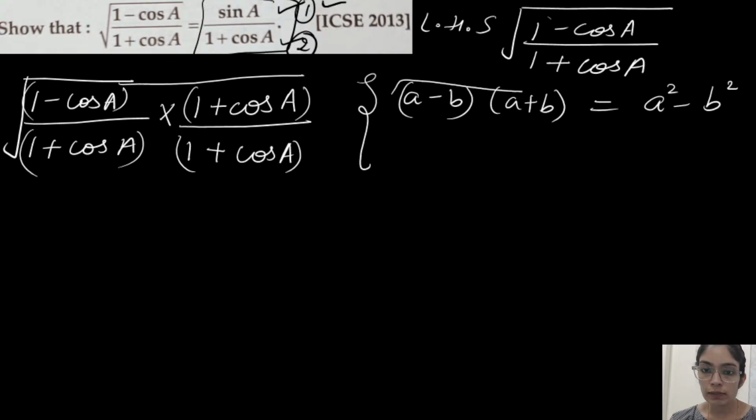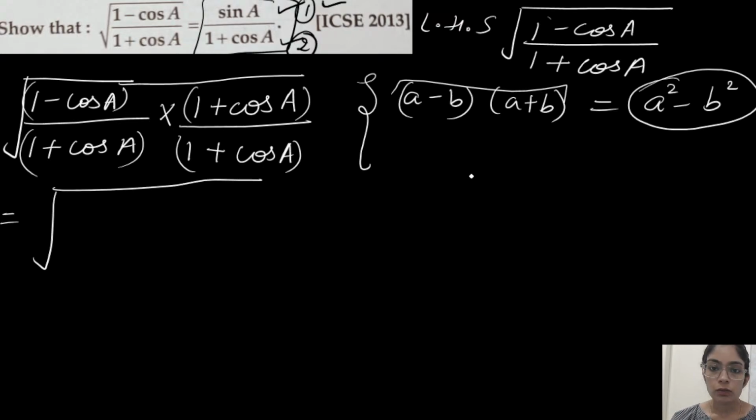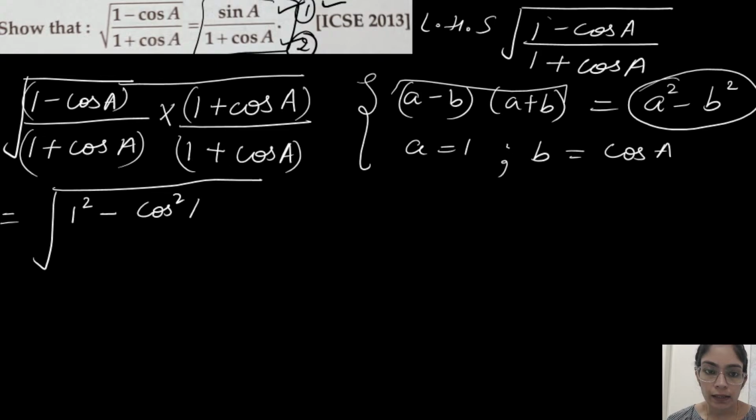You have to figure out what is A and what is B. A is 1, B is cos A. So it will become 1 square minus cos square A, because A minus B into A plus B is A square minus B square.